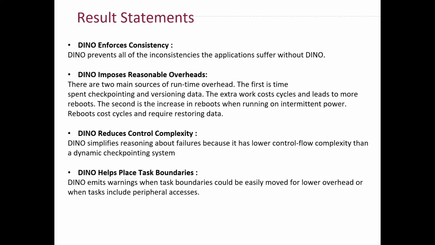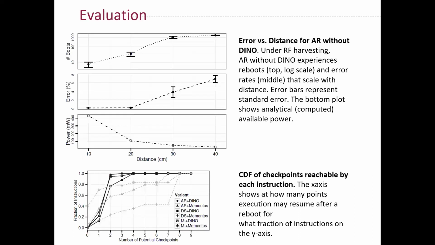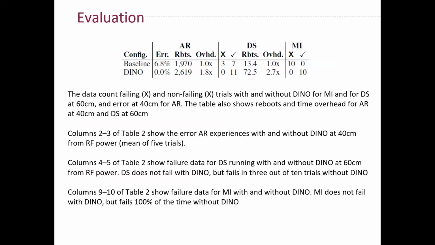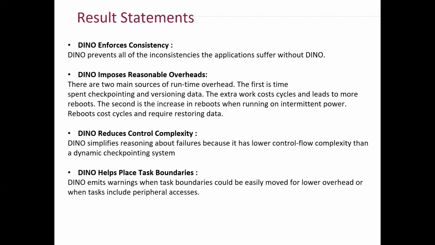So DINO enforces consistency. But at the same time, DINO imposes reasonable overheads. Going back, your overhead was 1.8 times in AR and 2.7 times in DS. So at the expense of consistency, DINO is also imposing some overheads on your program.